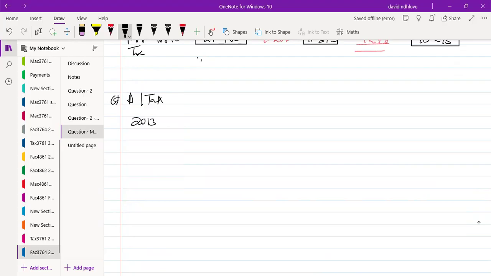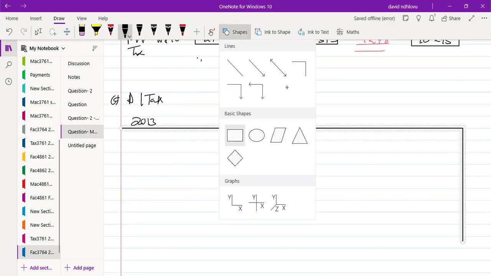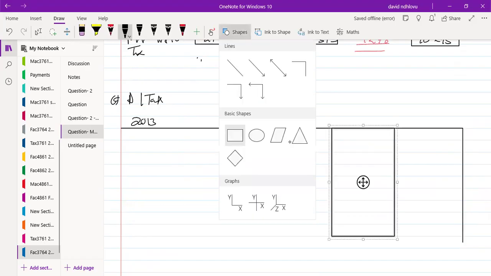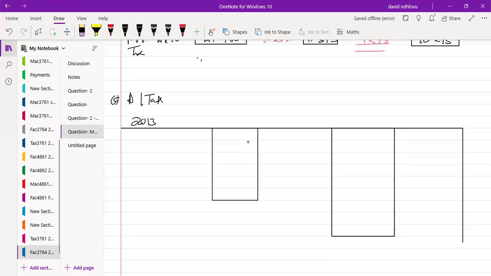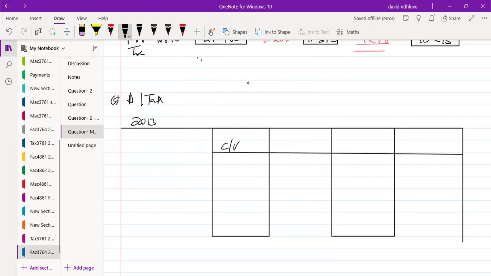Right, as usual, we'll have both our years 2013 and the current year. So we need our 4 columns as per the norm. We have our carrying amount, our tax base, our temporary differences, and deferred tax, asset or liability.